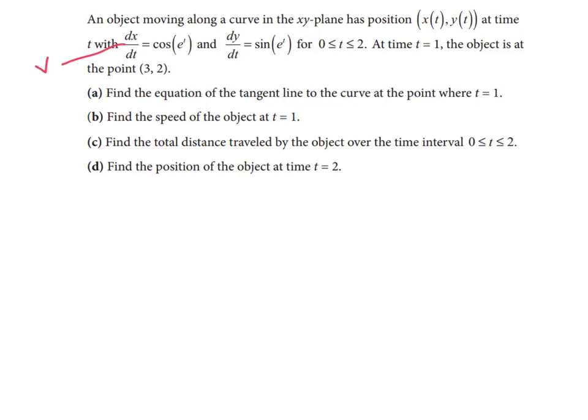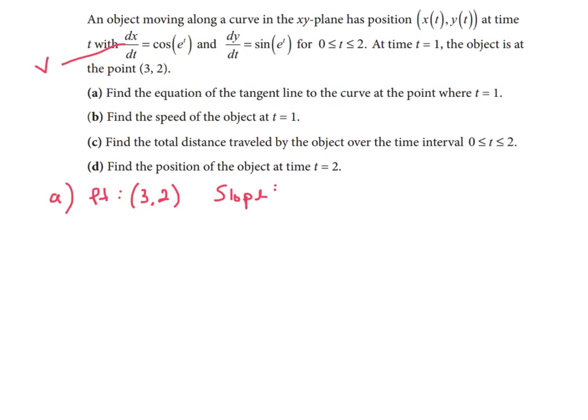At time 1, the object is at the point 3, 2. Find the equation of the tangent line. Now, this was a calculator question, so I'm just going to set this up, and I may not get all the answers, but let's just talk about it. Like part A, remember for a tangent line we need a point, we have it. At time 1 it was at the point 3, 2. We need a slope, we need the derivative.